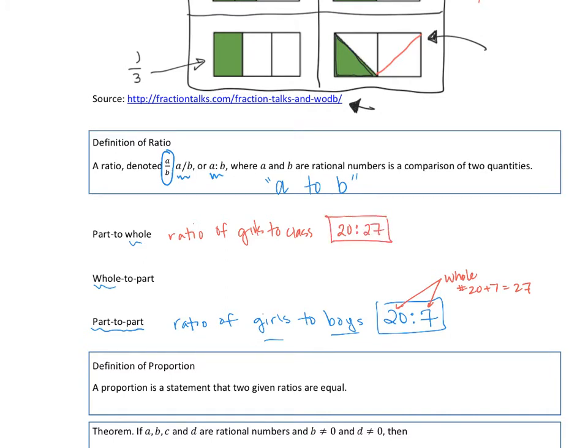We could do the whole to part, the other way around. The ratio of the class to girls is now 27 to 20. So the order matters in these. But overall, all of this is just a comparison of two quantities.